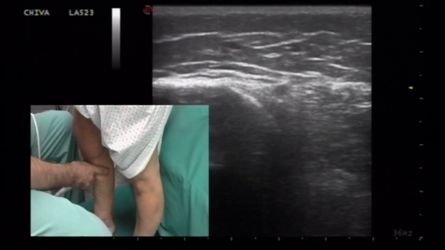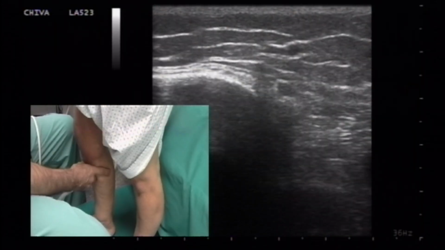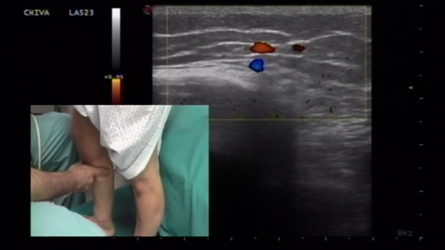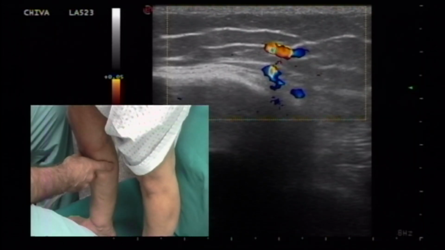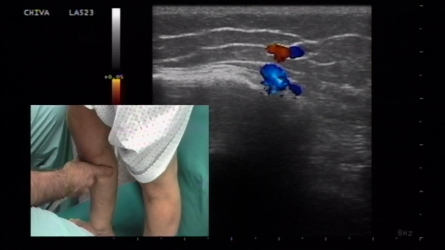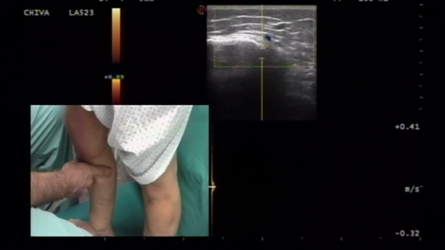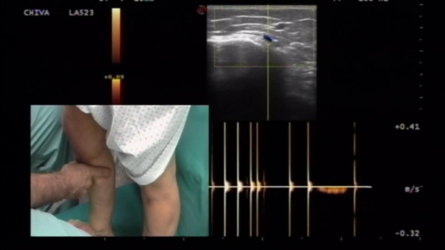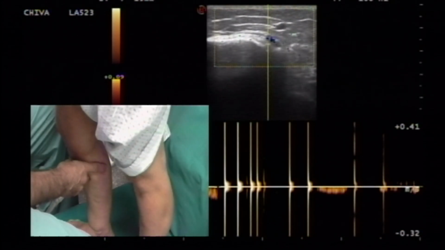Checking the flow in the perforator in the upper third of the leg with the swinging maneuver. Systolic and diastolic inward flow. It's a competent, direct perforator vein.